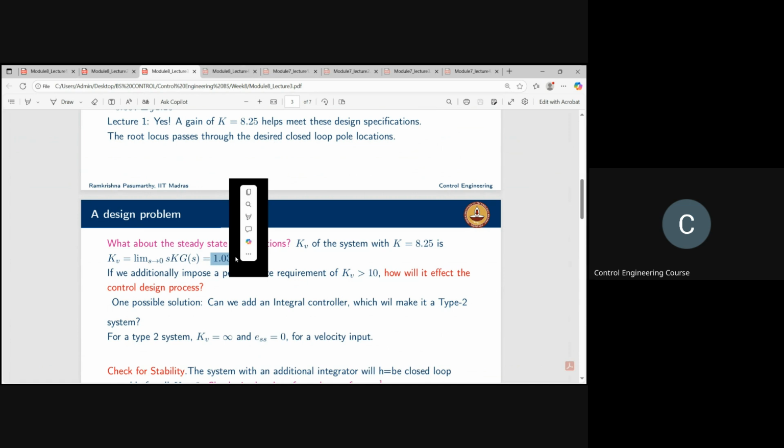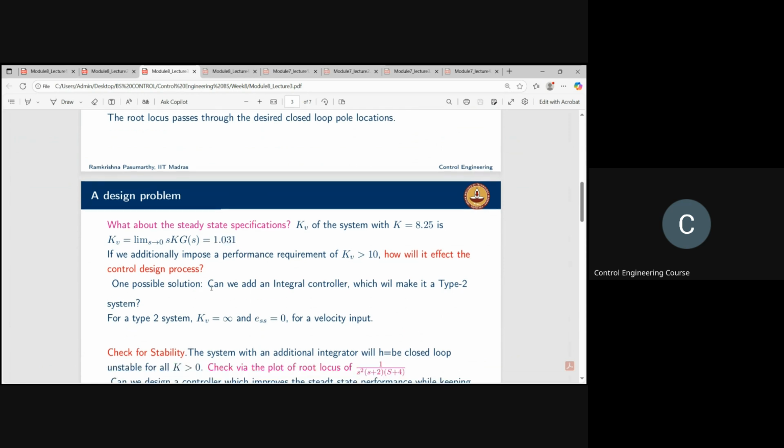If kV is 1, what is steady state error? 1 by kV, which is 1, right? But let's say I want steady state error to be less than 0.1, which means kV should be greater than 10. So I cannot do this anymore, right? So even though the transient response specification is satisfied, the steady state response specification is not satisfied.